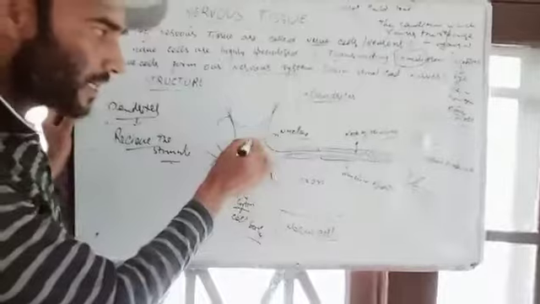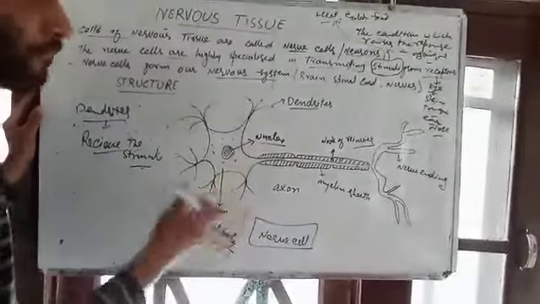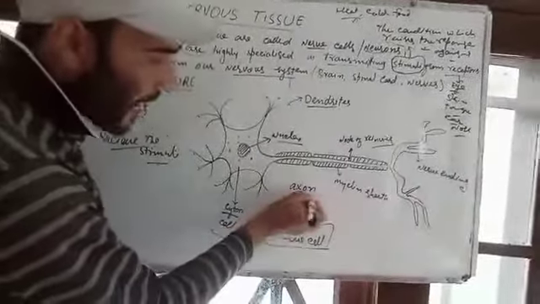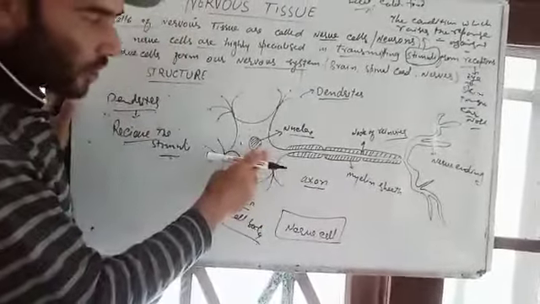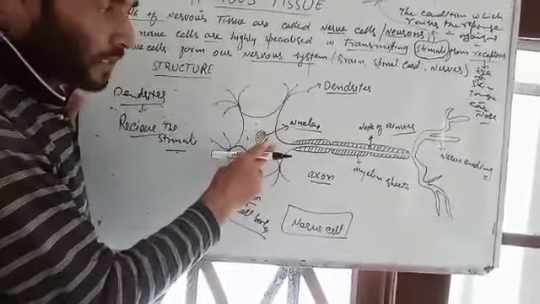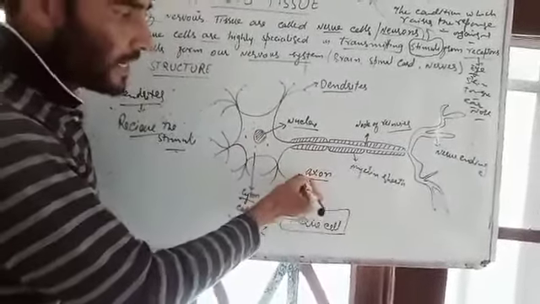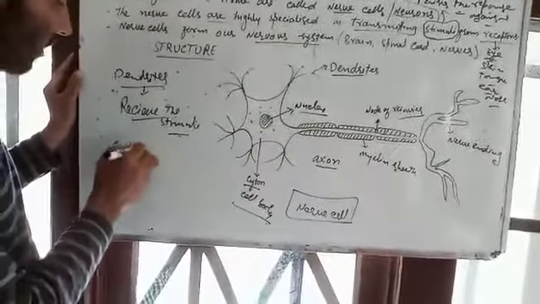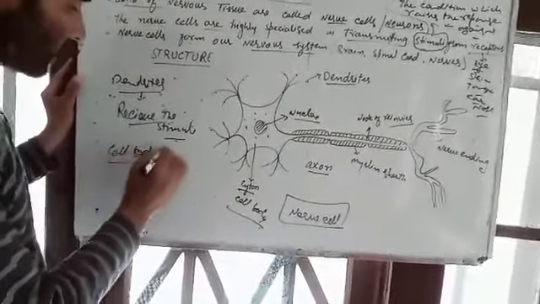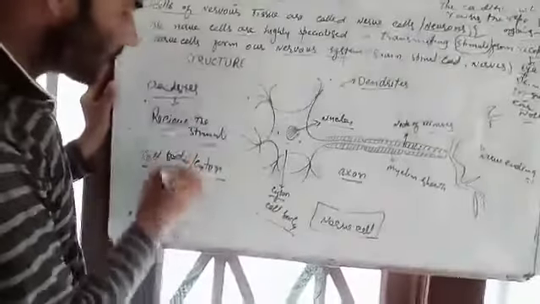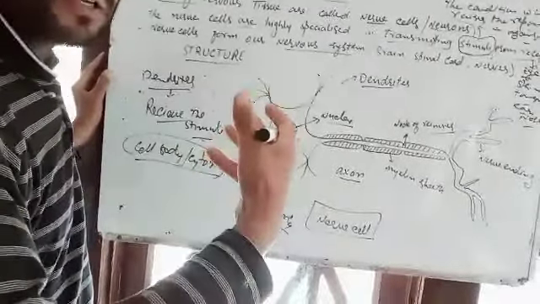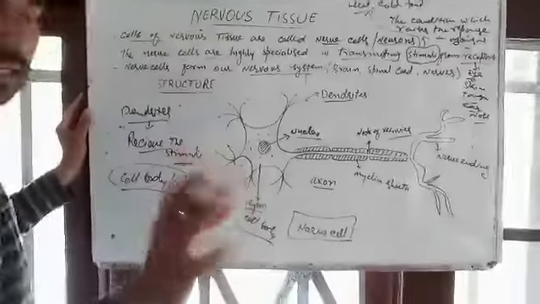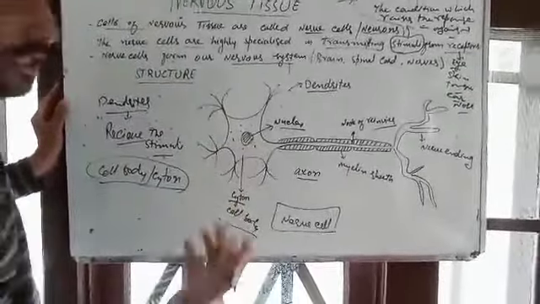The cell body contains the nucleus and other cell organelles which you have studied. It controls the whole cell, the cellular contents and the functions of the cell.